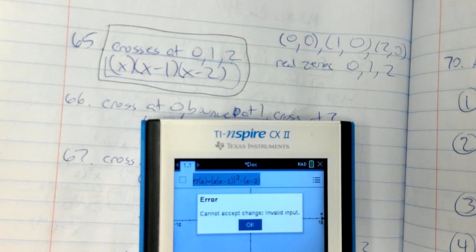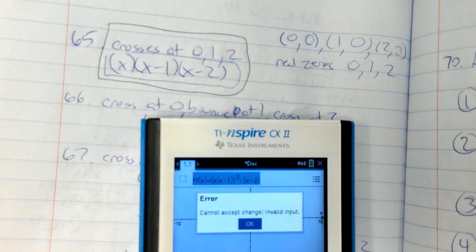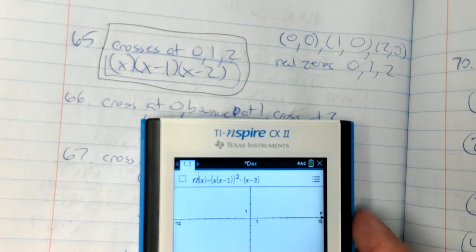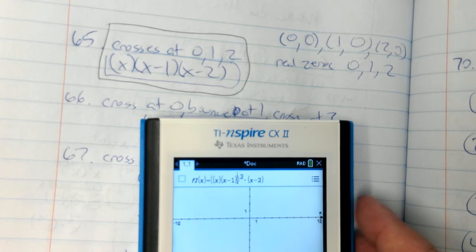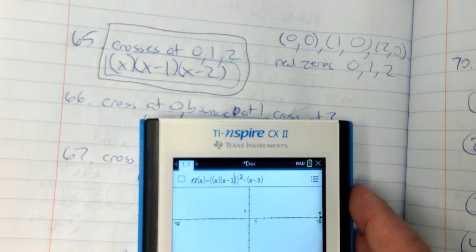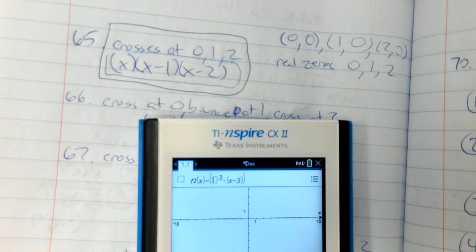Okay, so if it says error cannot accept change, that means that you did a typo of some sort. Actually, let me just delete some of this stuff to make sure we do it right.